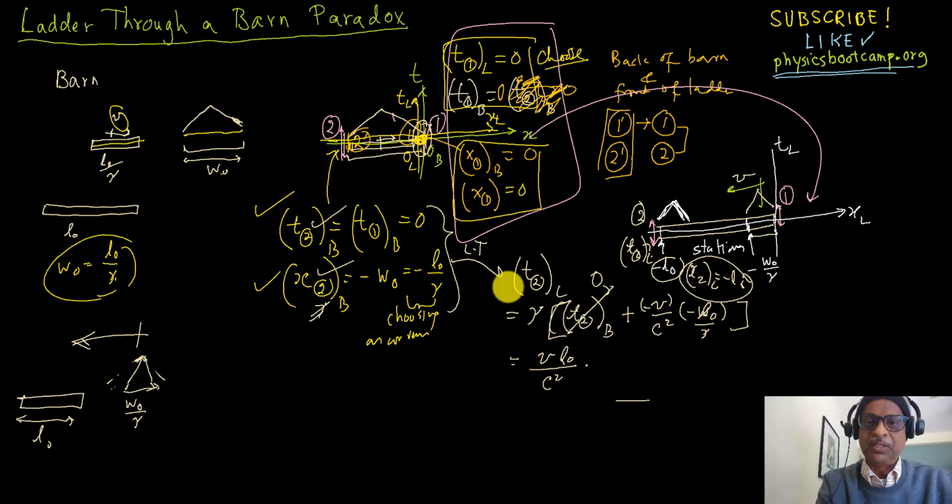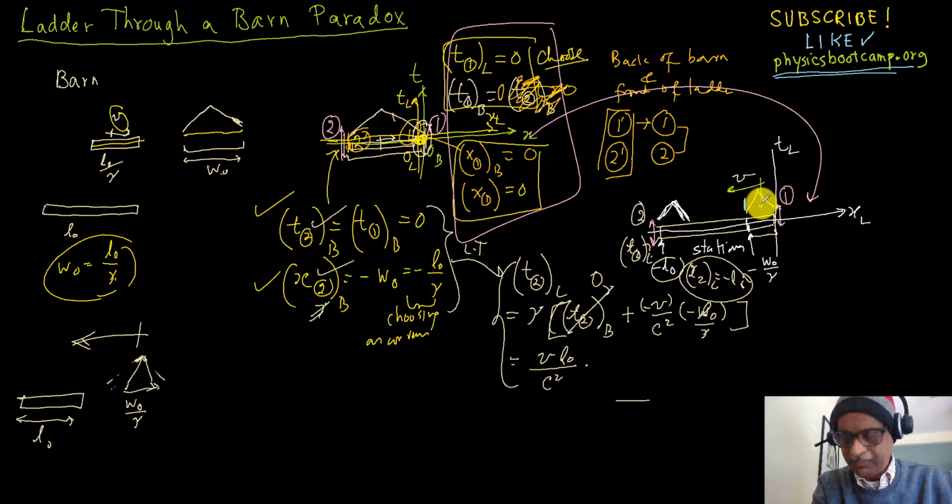We should be able to say that it should be consistent. You can see that this end of the barn has moved this much between the time here and now.